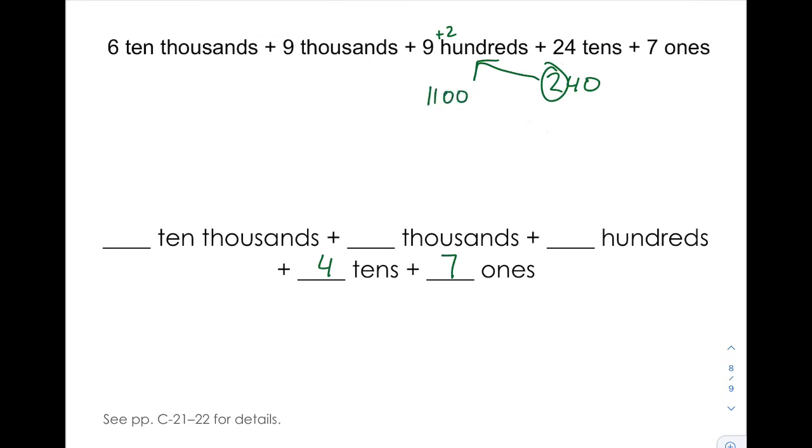We are going to send 1,000 over this way. So it's going to be 9 plus 1 thousands, and then we have 100 left over, which is 1 hundred. And then the 9 plus 1 thousands is going to make 10,000.